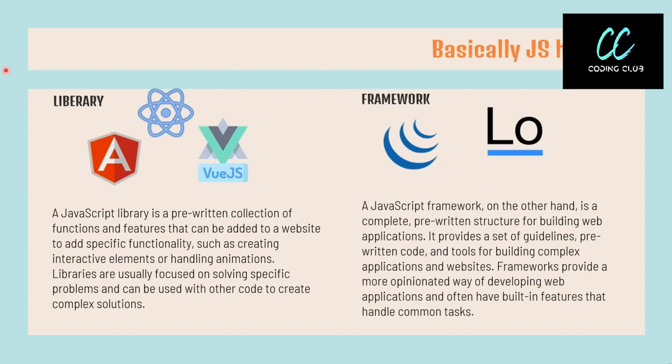So to learn JavaScript there are two parts: there is a library and there is a framework. So what is a JavaScript library? It is a pre-written collection of functions and features that is given to you. For a particular job you require some functions, like for adding two numbers you require a sum function. Like that, there are different functions and different features provided in a library.